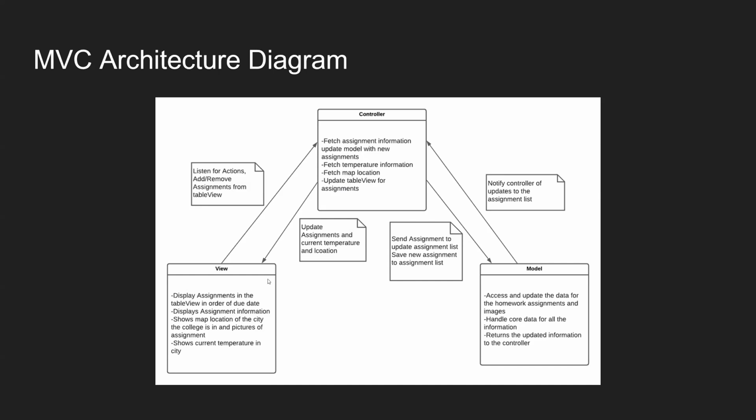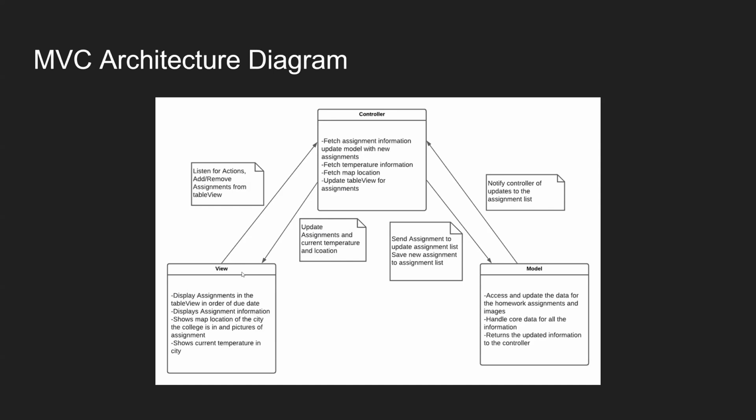And when it communicates with the view, it's updating assignments and current temperature and location. The view itself is displaying assignments in the table view in order of the due date. It displays assignment information. It shows the map location of the city the college is in and pictures of the assignment itself. It also shows the current temperature in the current city.